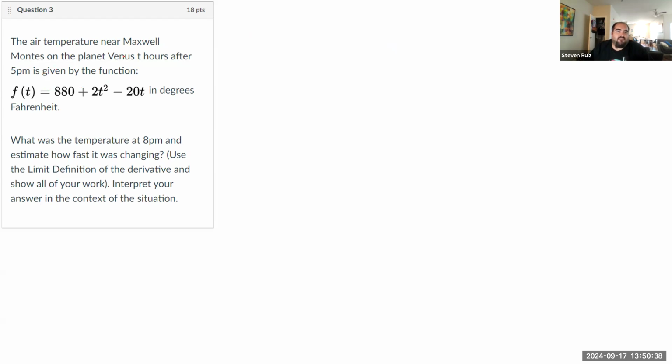This function has a reference time. Our reference time is 5 p.m. So if I care about what's happening at 8 p.m., then I need to evaluate this function at 3. So f of 3 equals 880 plus 2 times 3 squared minus 20 times 3.